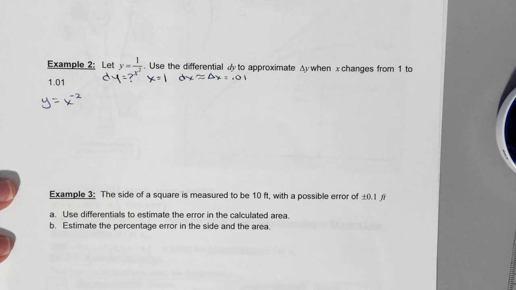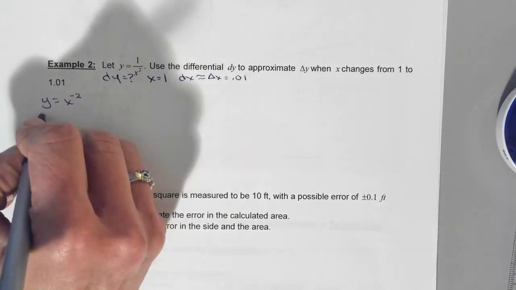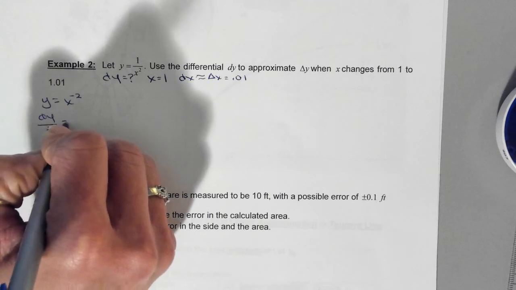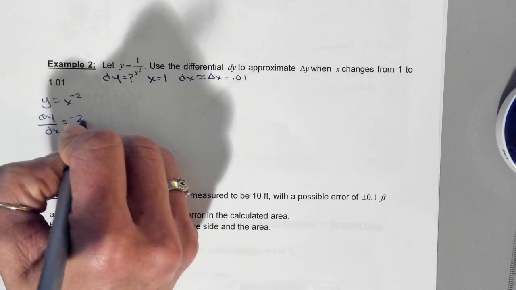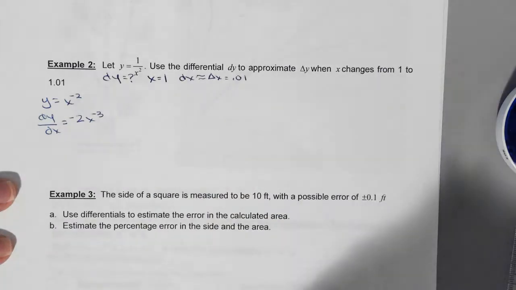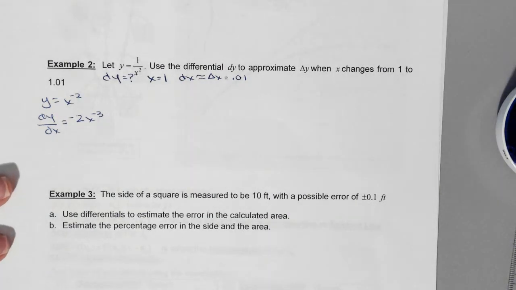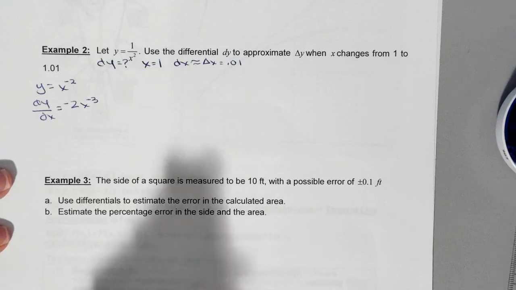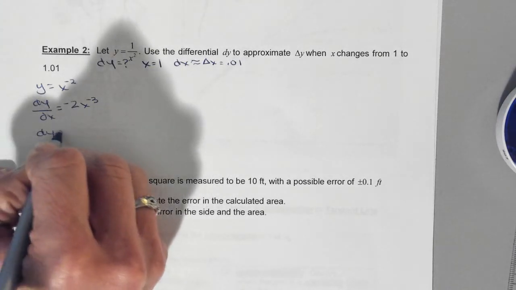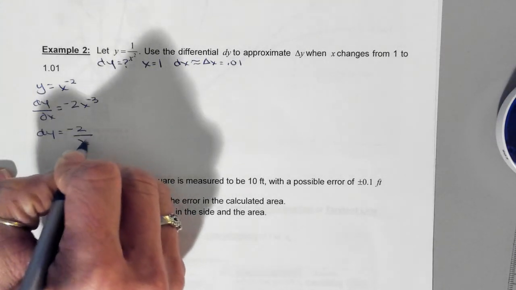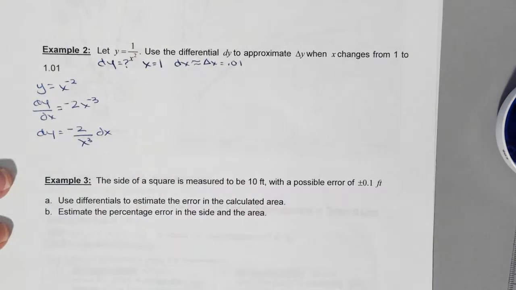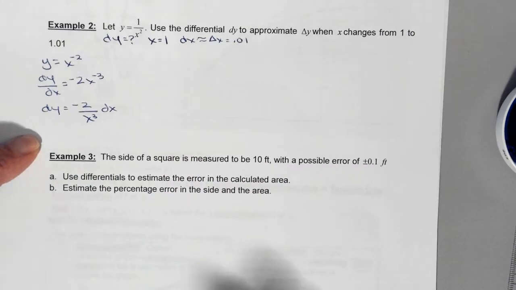It's just going to take you longer to get there. dy/dx is equal to negative 2x to the negative third. Agree? But I want to solve for dy. So dy is equal to negative 2 over x cubed times dx. Is everybody okay with how I got what I got?